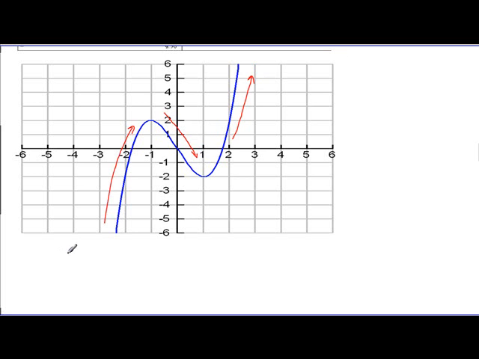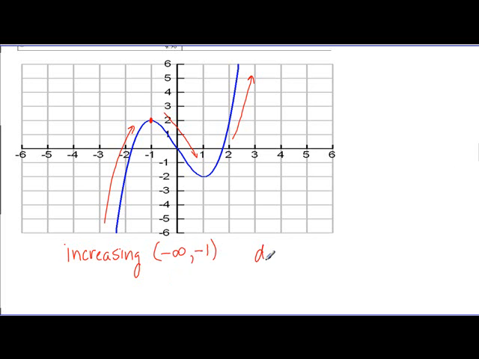So we could say that our function is increasing on the interval from negative infinity to the x coordinate of the point where it stops going up. So that would be -1.